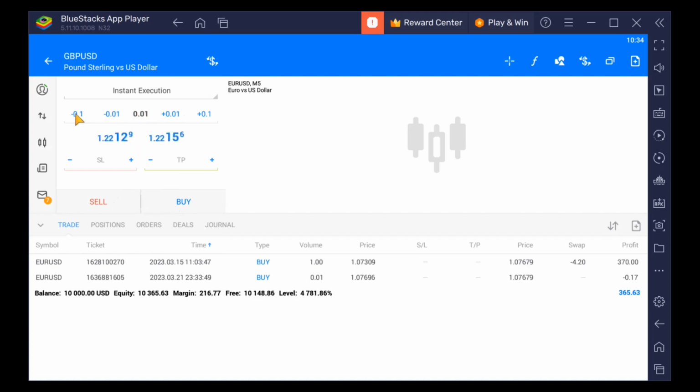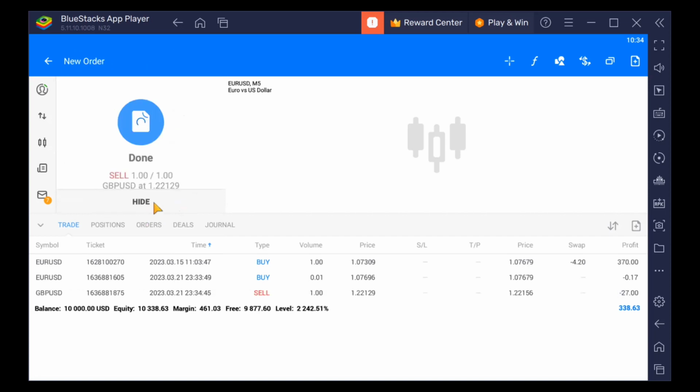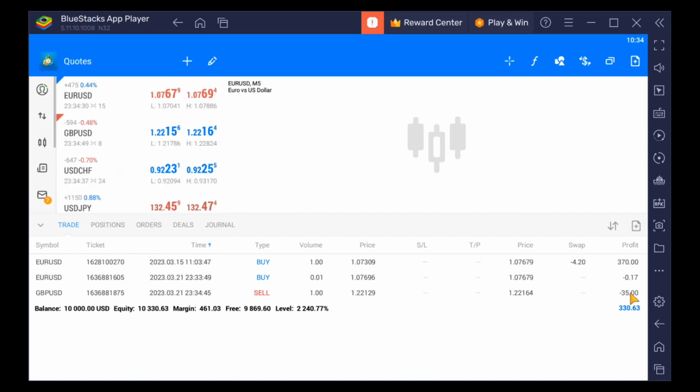I want to change this to one lot size. So with this one lot size, I can decide to sell. If price moves in my favor, I'll be making $10 per pip. If it's moving against me, I'll be losing $10 per pip.